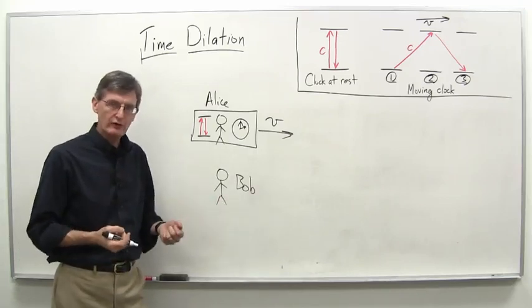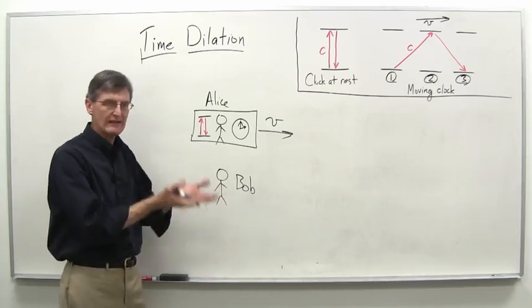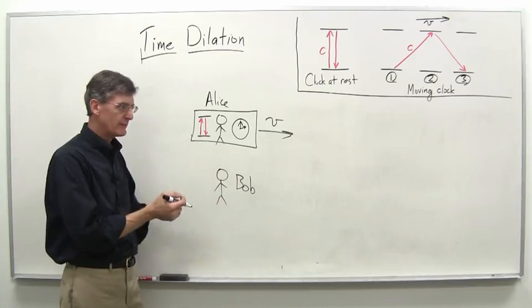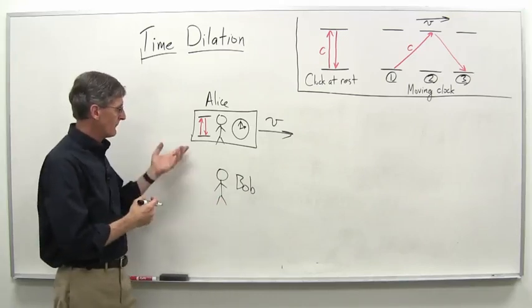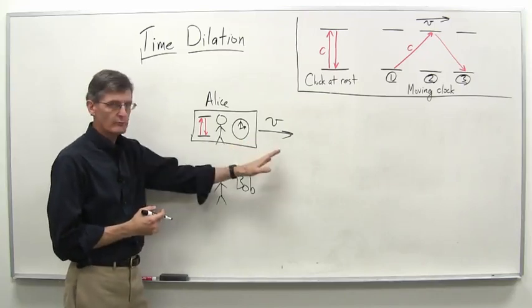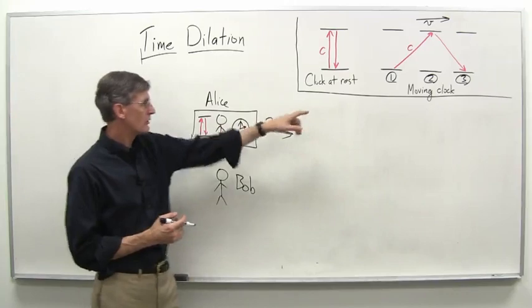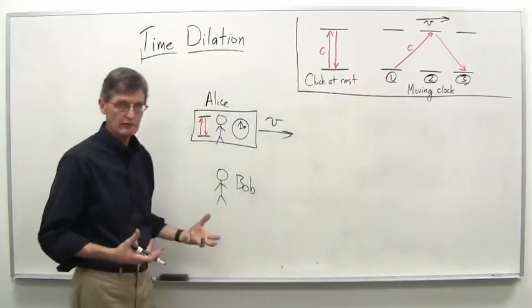Things in photos have to agree. Both observers, no matter how things are moving, if you take a photograph, they both have to agree that, yes, that is happening at that instant in time and location. So Bob takes a series of photographs here as Alice goes by. Bob is seeing her light clock like this. He's seeing it ticking slowly.